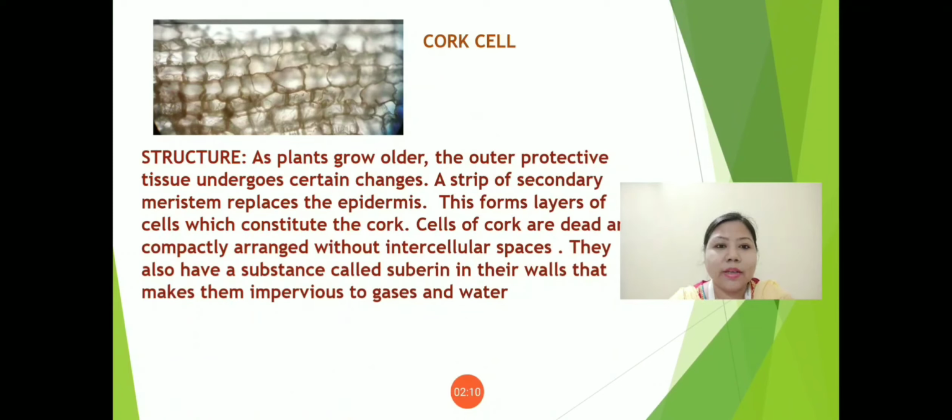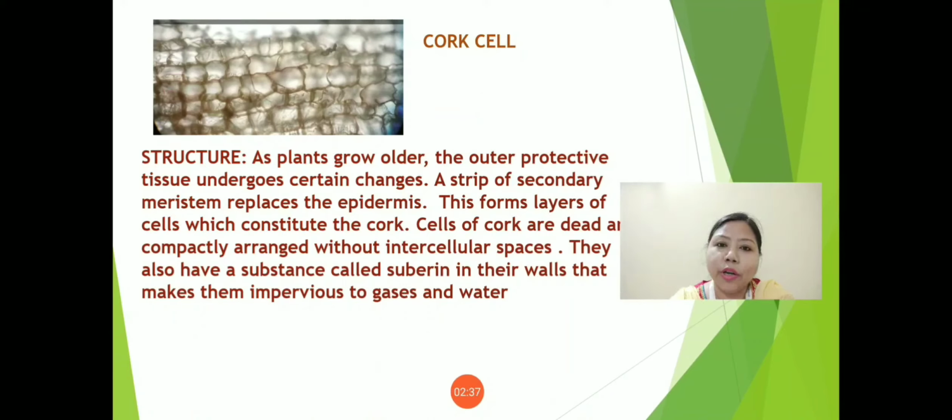Cork cell. As plants grow older, the outer protective tissues undergo certain changes. A strip of secondary meristem replaces the epidermis, and the outer cells are completely cut off from the other parts of the plant. This forms several layers of cells which constitute the cork.